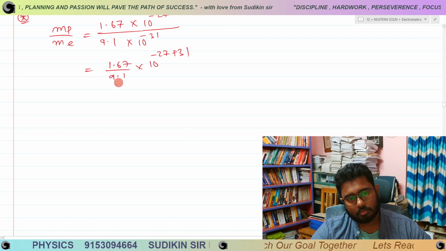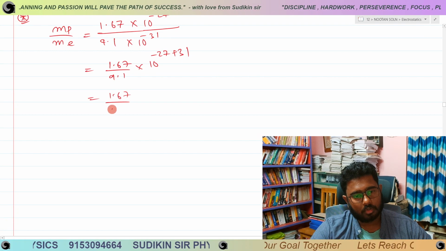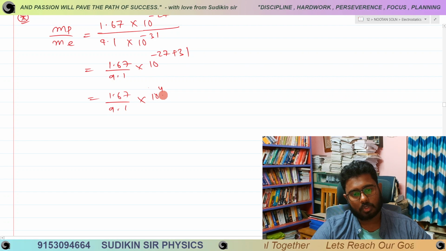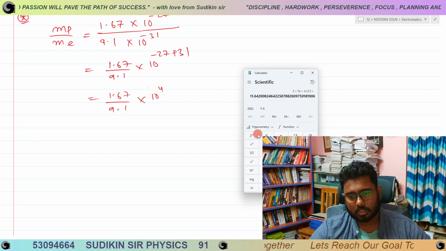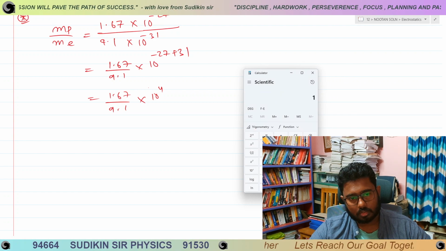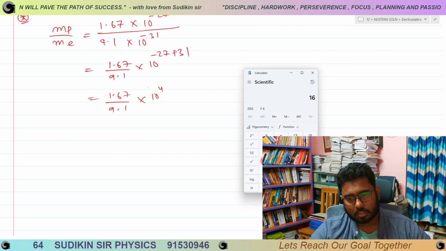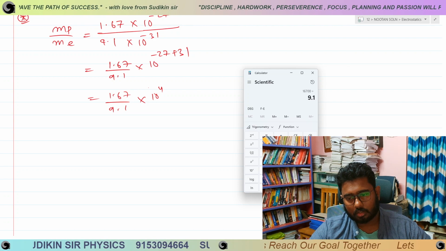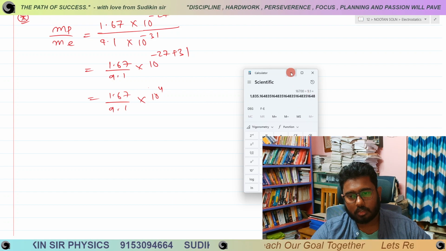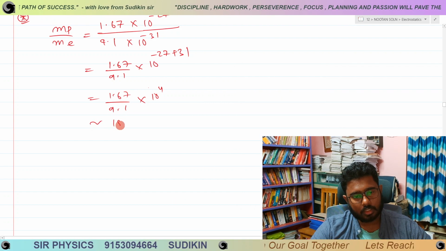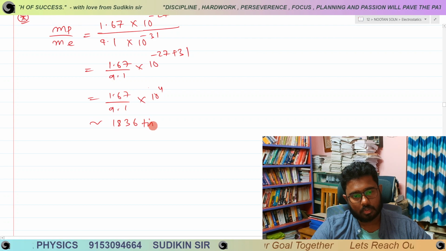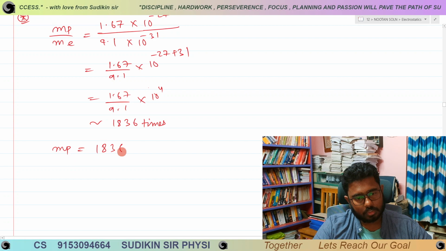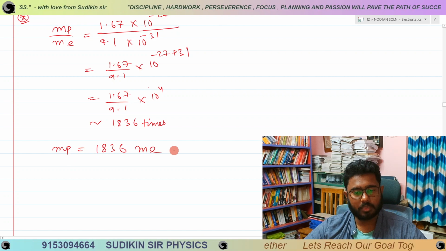Now minus 27 plus 31, that is 4. So if I just do this calculation, 16700 divided by 9.1, that is 1835 point something, approximately 1836 times. So Mp equals 1836 times the mass of an electron. You must remember this thing.